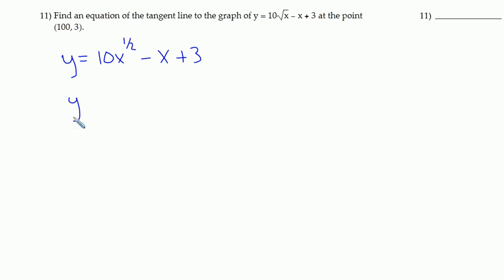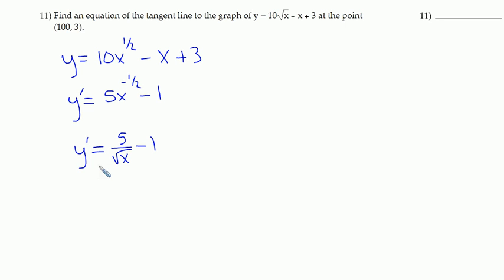So y is equal to, the derivative here, 1/2 of 10 is 5. X to the -1/2. Derivative of x is 1. Derivative of 3 is 0. So this is the same as y prime is equal to 5 over root x minus 1.